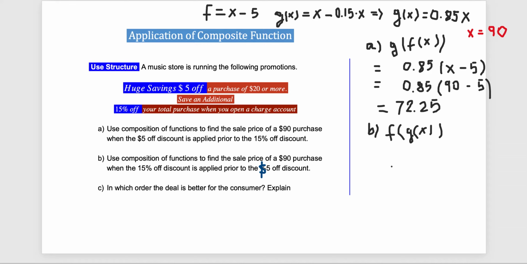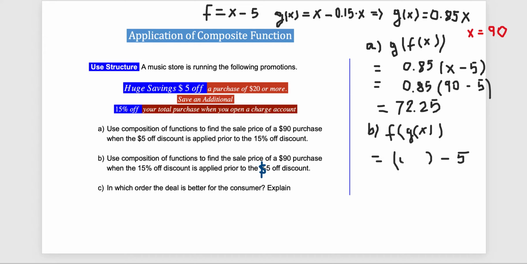First we write the function f of x, but instead of the x we leave a space, because here we have to plug in the function g of x, and minus 5. g of x is 0.85x.